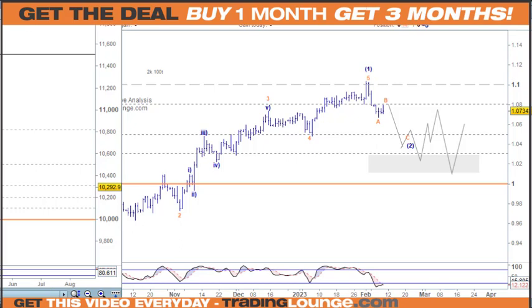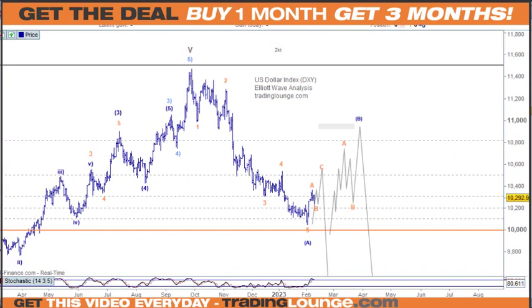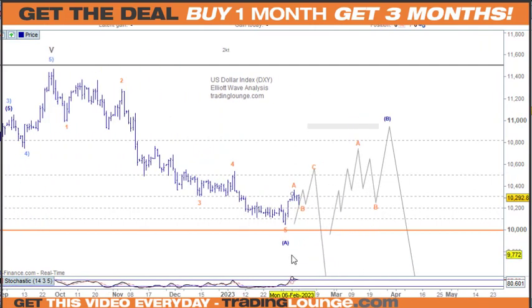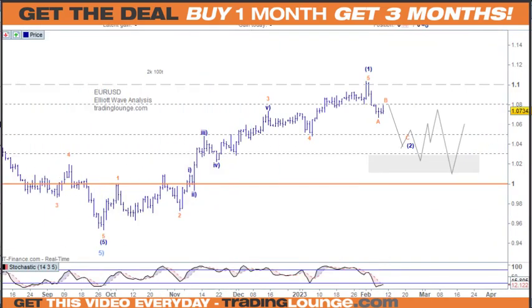So it's probably likely this is wave 1 as well, but I don't want to freak people out, I just want to go step by step. We do have 5 waves down here. That means we will have a correction and we will go down again. So that means that the euro will do the opposite. So we could look at this as an A wave if you wish, and then have a wave 2 here and then go to the upside here.